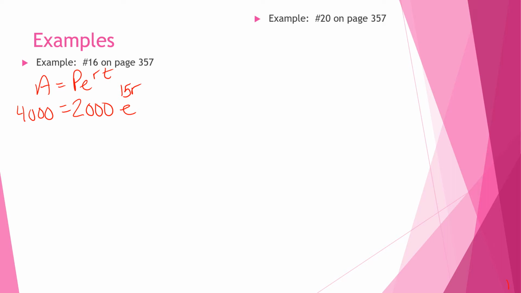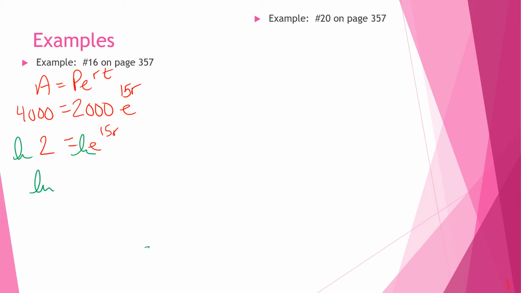And so when I divide by 2, really this kind of makes sense because you're going to be doing 2 times the principal is what you're going to end with. So this kind of makes sense that it should be set up that way. And that will save you some time later when you get to questions that cut it in half and things like that. All right, so what do we do at this point then? Now it's just basic solving exponentials.